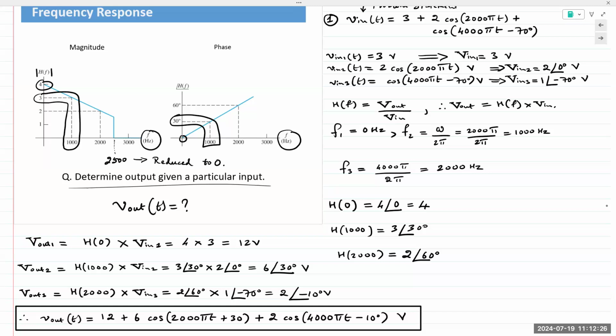Right, questions? Did the procedure make sense? So your next homework assignment is exactly the same problem. Well, when I say exactly the same, as in the steps and the approach are exactly the same. The only difference is that V in of t is different and your graph values are different.